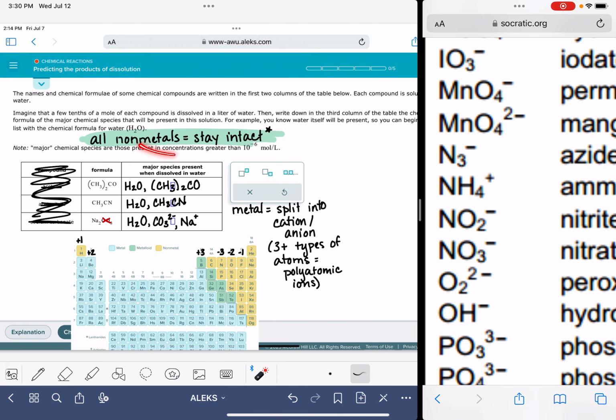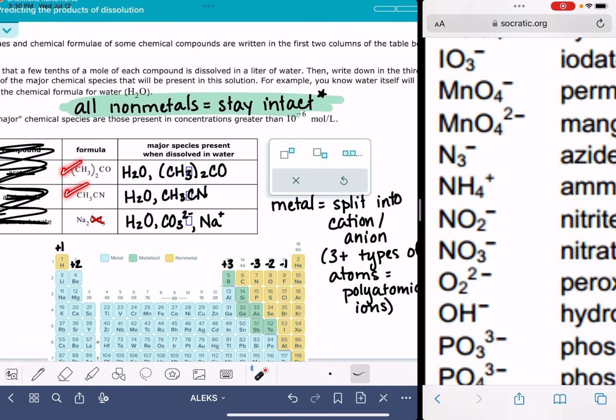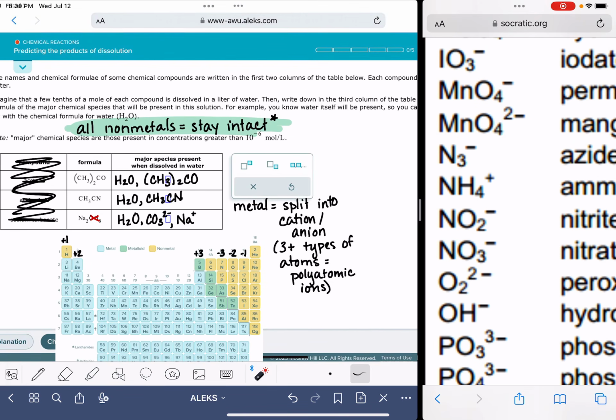If the compound contains all nonmetals, then like we saw for our first two, that formula is going to stay intact. One exception that you need to look out for is the NH4 plus polyatomic cation. So for example, NH4 could look something like this, (NH4)2CO3.